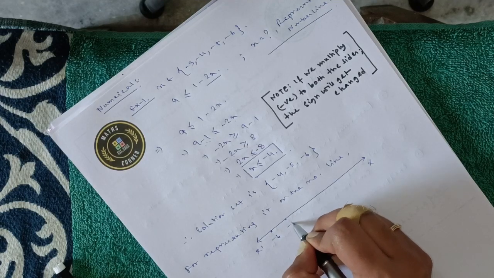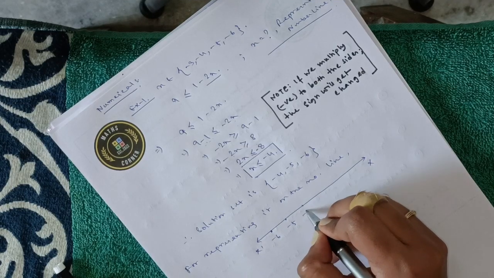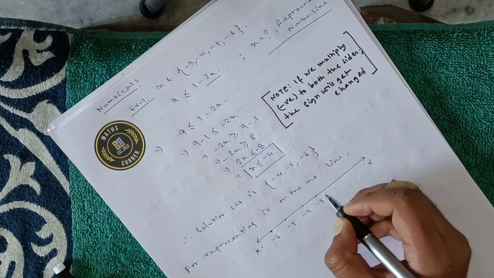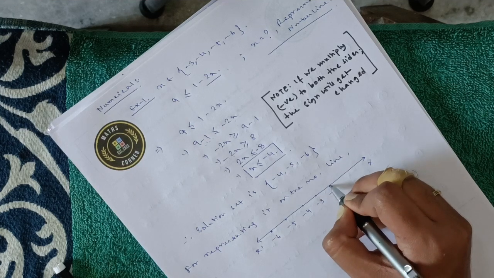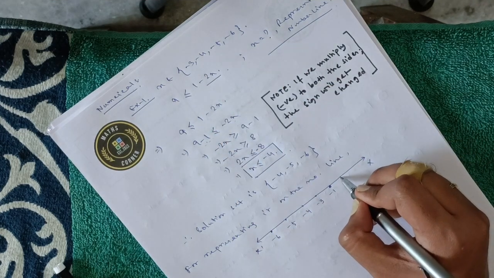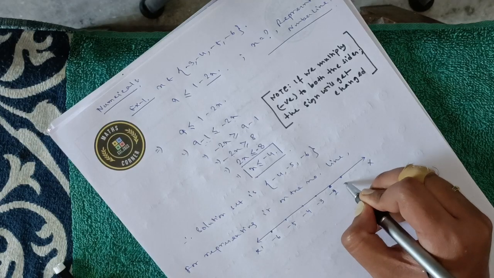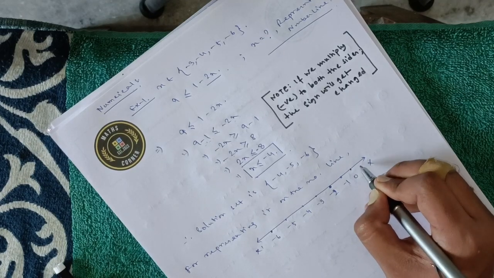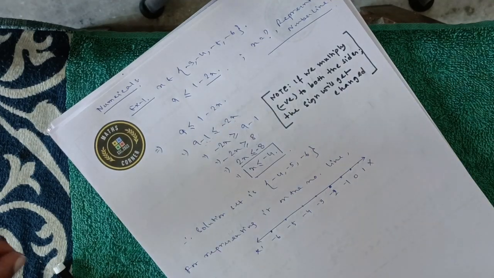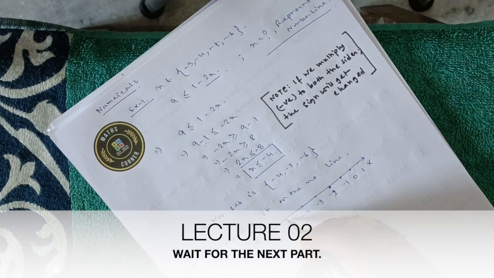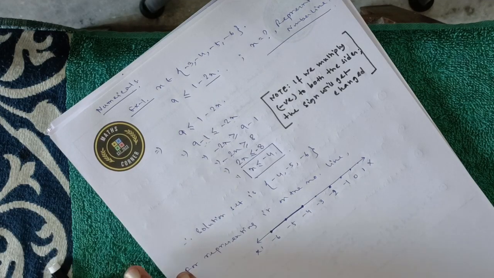Minus 6, minus 5, minus 4, minus 3, minus 2, minus 1, 0, 1. It will look good, that's why it is this way. We have to represent it like this. So here is our first answer, and here is the inequation.